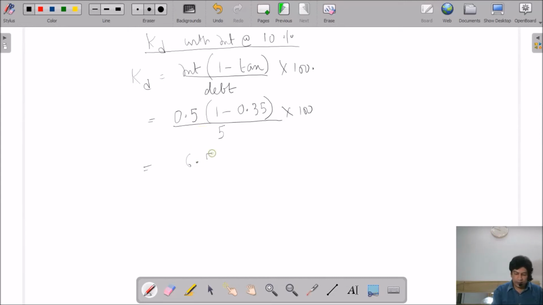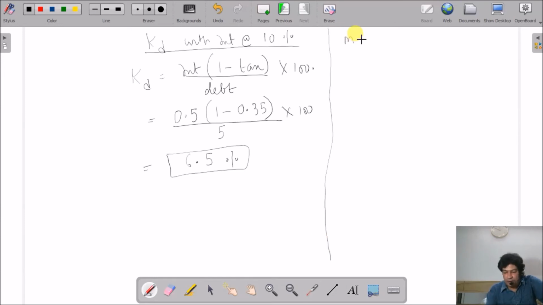So I'm going to get 6.5%. So this is the cost of debt. Let me recheck: 0.5 into 0.65 divided by 5, 6.5%.